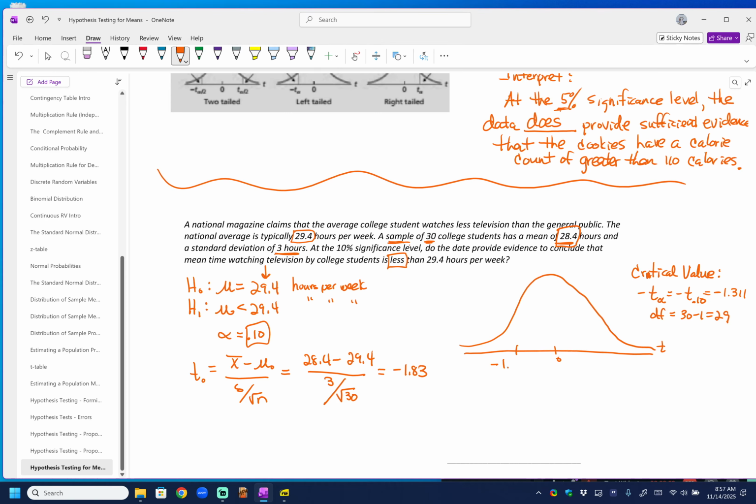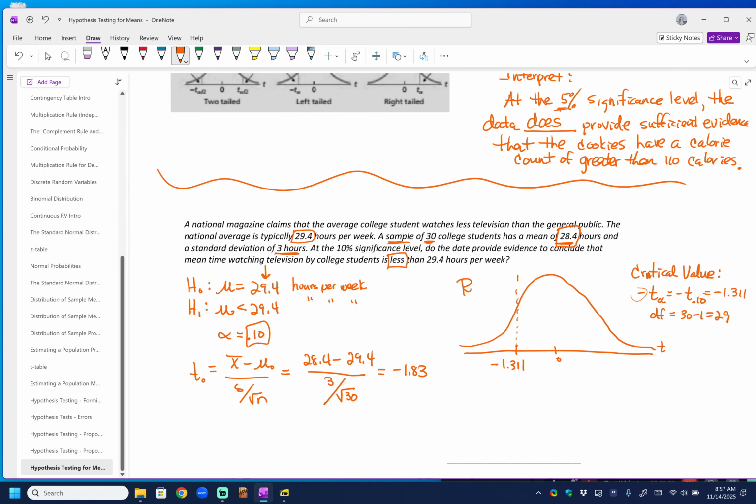Remember, in a left-tailed test, just in case you make a mental error, you're going to have your critical value in the left tail. So if you don't bring this negative over and you end up over here, then that's not right. It already doesn't make sense. So just be aware of that. Again, if you have a left-tailed test, you reject in the left tail.